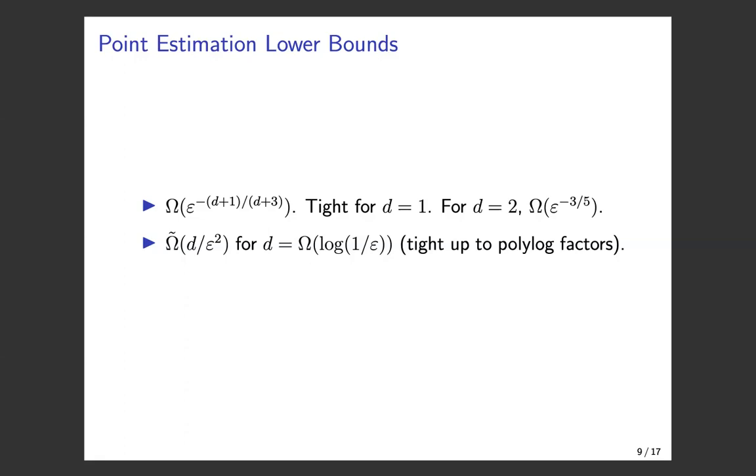And so we can show that for additive plus minus epsilon point estimation approximation, you need at least, up to polylog factors, d over epsilon squared space. And so this is basically matching the naive upper bound that you get from sampling. Okay, so it turns out that for large d, for point estimation, the naive sampling algorithm is tight. That's what this is showing.